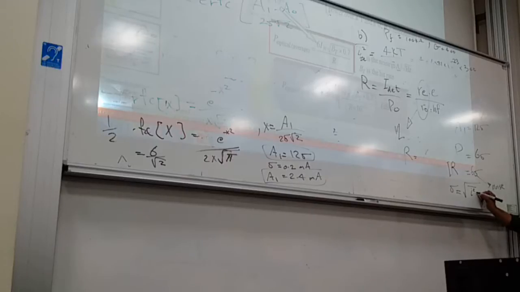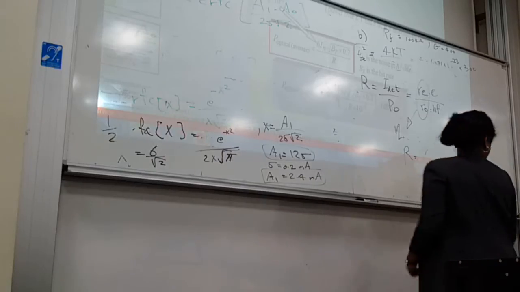And we said that the noise is filtered with a filter of 0.7 the bit rate. So then we can say that the sigma is equal to the root of the mean square noise multiplied by the bandwidth of the filter.